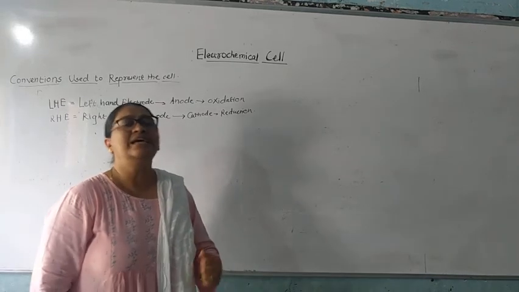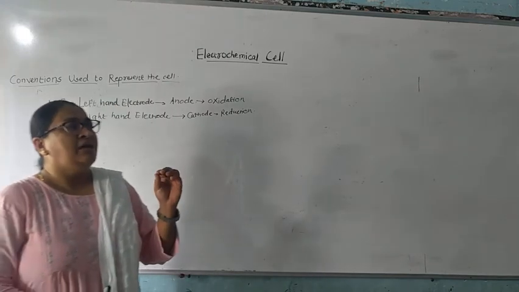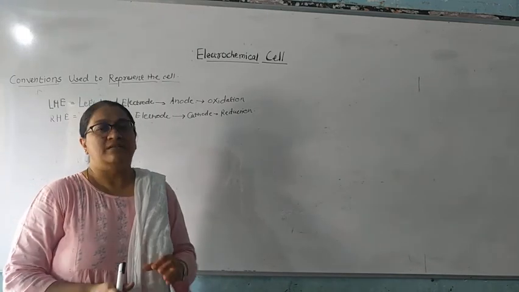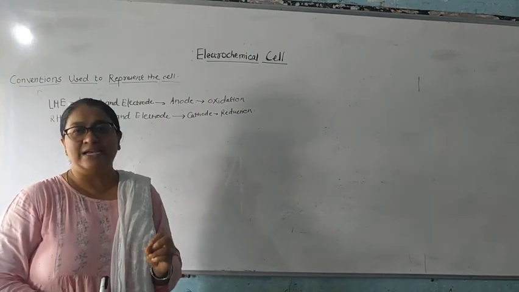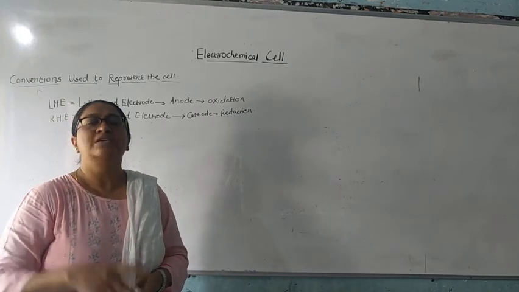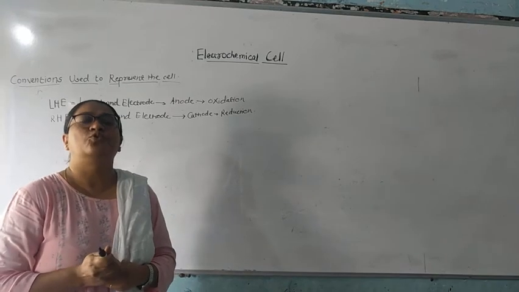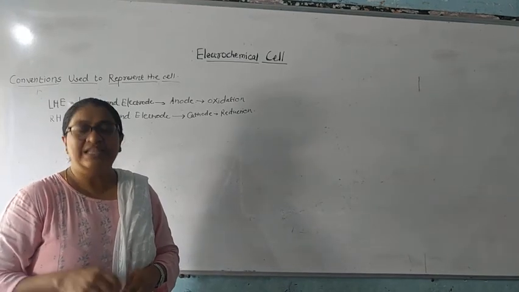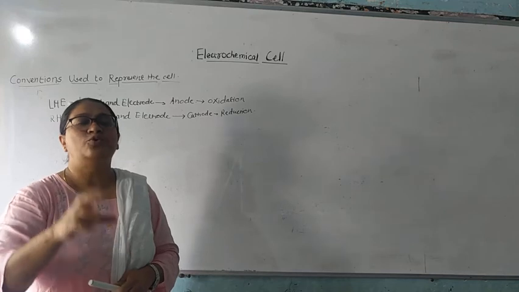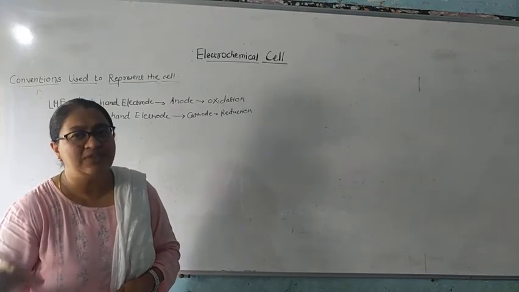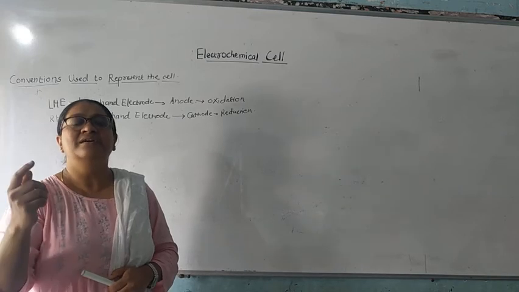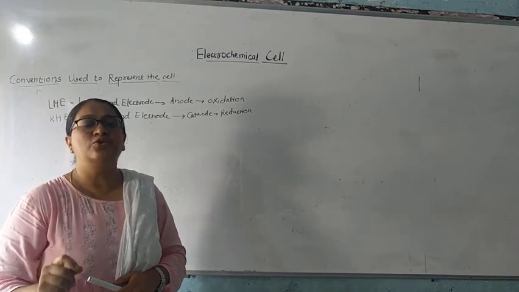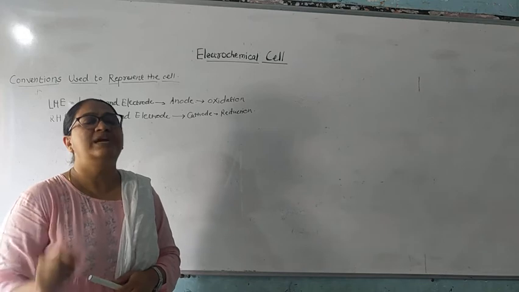Now the second convention is that the electrode and its solution are in direct contact, right? Because we dip the metal electrode in its salt solution. That means the metal electrode is in direct contact with the salt solution. So the direct contact in a representation is denoted by a single vertical line.